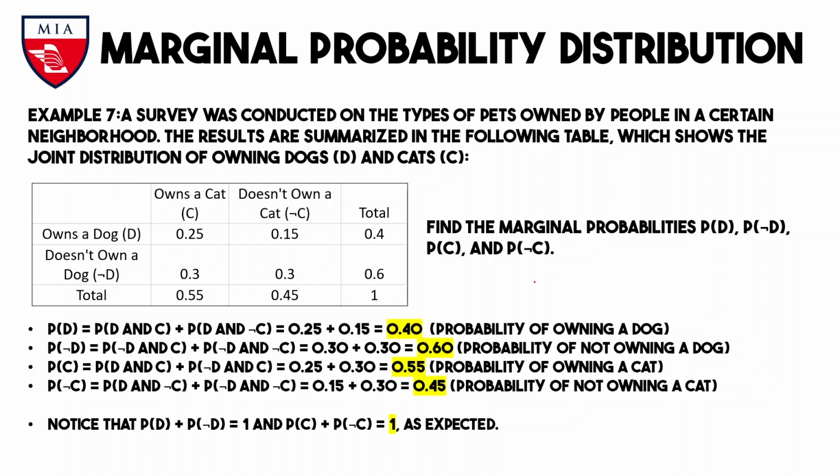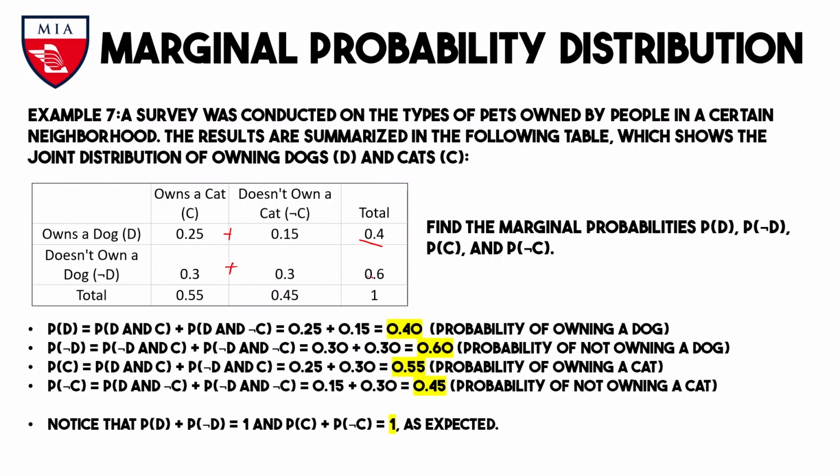So, what are the probabilities in terms of P of D? Okay. So, what are the values under the P of D? So, all we need to do is add the values. Okay. So, we have 0.25 plus 0.15. Therefore, we have 0.4. Okay. So, in terms of doesn't own a dog, we just need to add it. So, we have 0.3 plus 0.3.